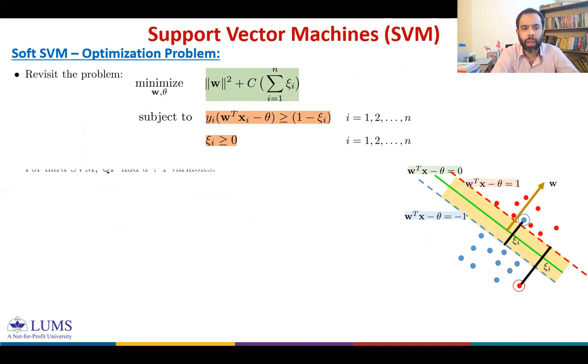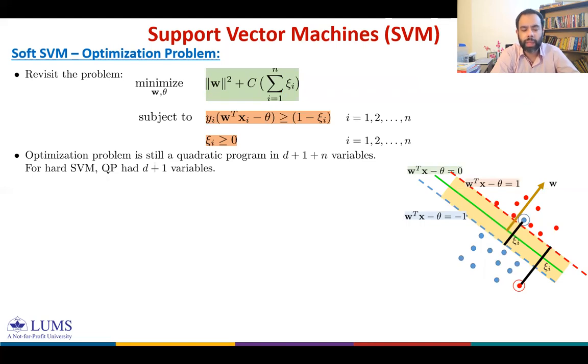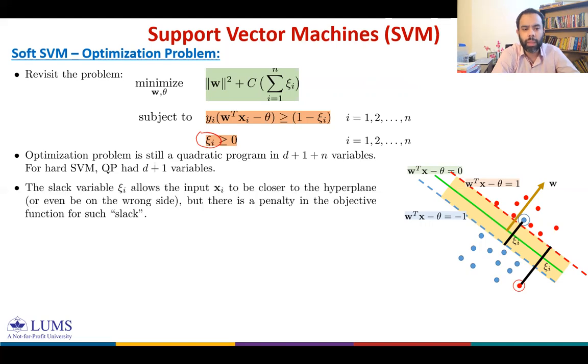This is still QP, but this is a QP in d plus 1 plus n variables. Now we have these additional psi, n number of additional variables. For hard SVM, QP had d plus 1 variables. These slack variables allow the input xi to be closer to the hyperplane or even be on the wrong side.